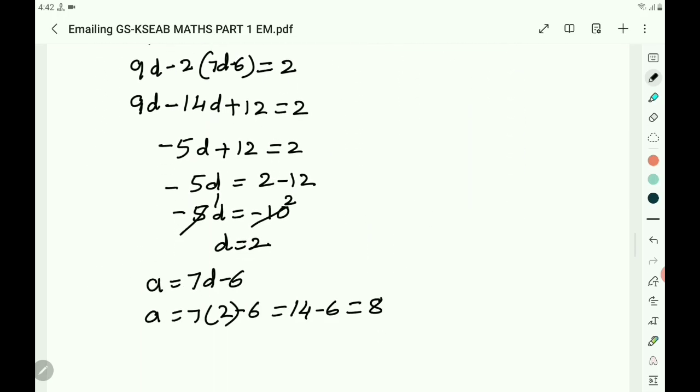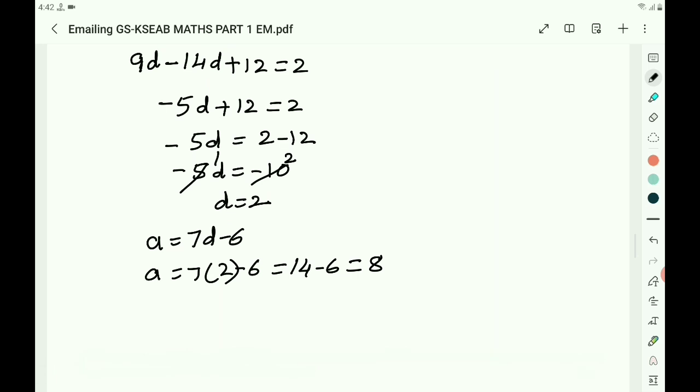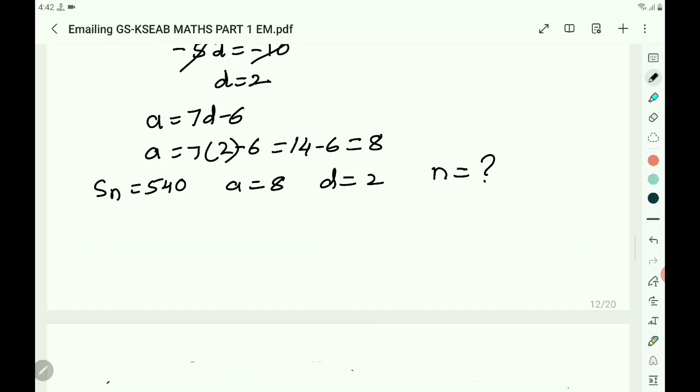Here we have to find out n by taking Sn equals 540. Then you write Sn equals 540, a equals 8, d equals 2, then n equals question mark. Write the formula, Sn formula having a, d, n.